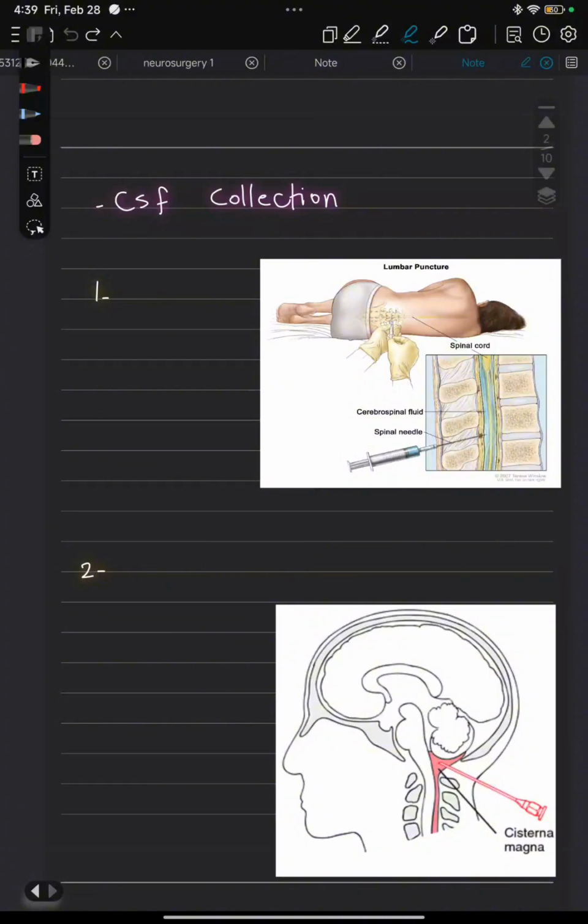CSF is the fluid that surrounds the brain and the spinal cord, and it can provide essential clues about infections, bleeding, and neurological diseases. So how is CSF collected?